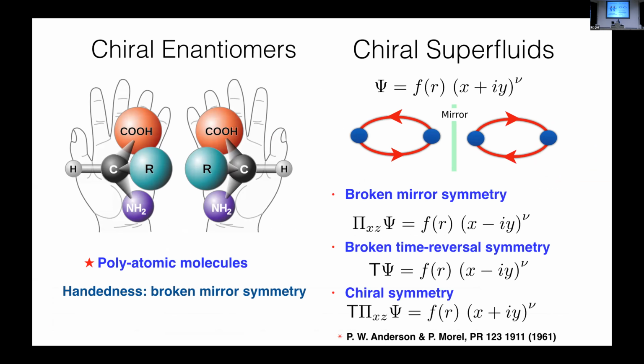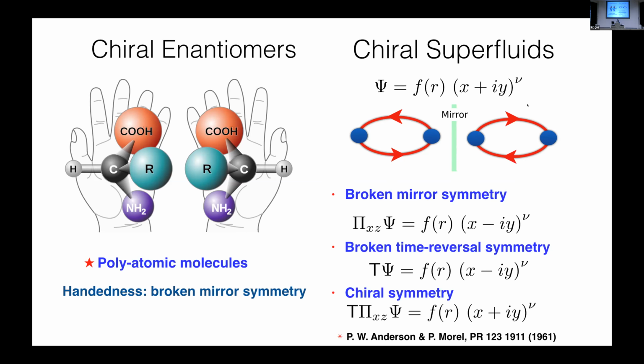Diatomic molecules, for example, Cooper pairs of electrons or helium-3, can break mirror symmetry and form mirror reflected partners of one another if we put them in motion in their ground state. So the wave function shown here corresponds to a Cooper pair with orbital angular momentum nu h bar.